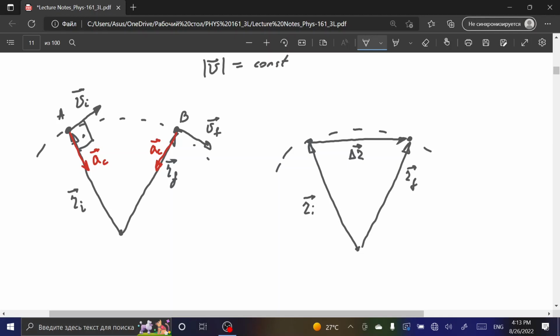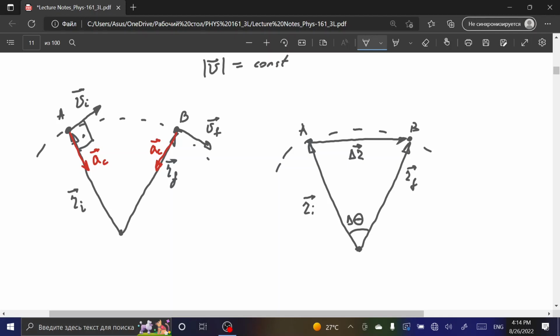So we definitely want to remember that they are different, but we will come back to this a bit later. So in order to move from point A to point B, this radius vector, which doesn't change in magnitude because it's a circular trajectory, should be tilted by an angle, let's call it delta theta.